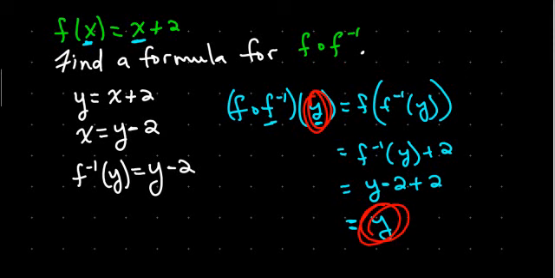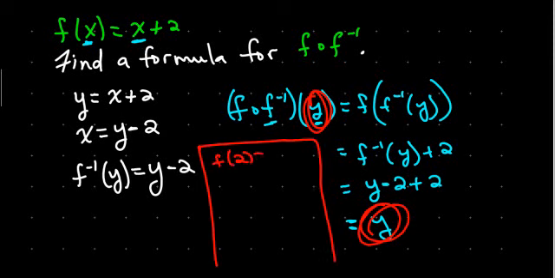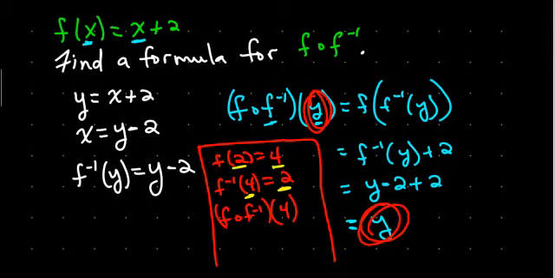Let's look at an example rather than being so formal here. F of 2 equals 4. So that means f inverse of 4 equals 2. So if we look at f composed with f inverse of 4, f inverse sends 4 to 2, and then f is going to send 2 right back to 4.